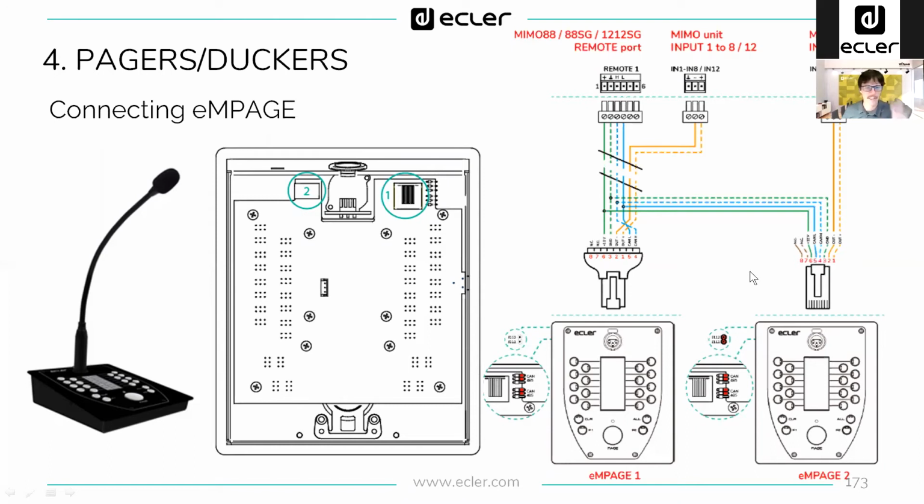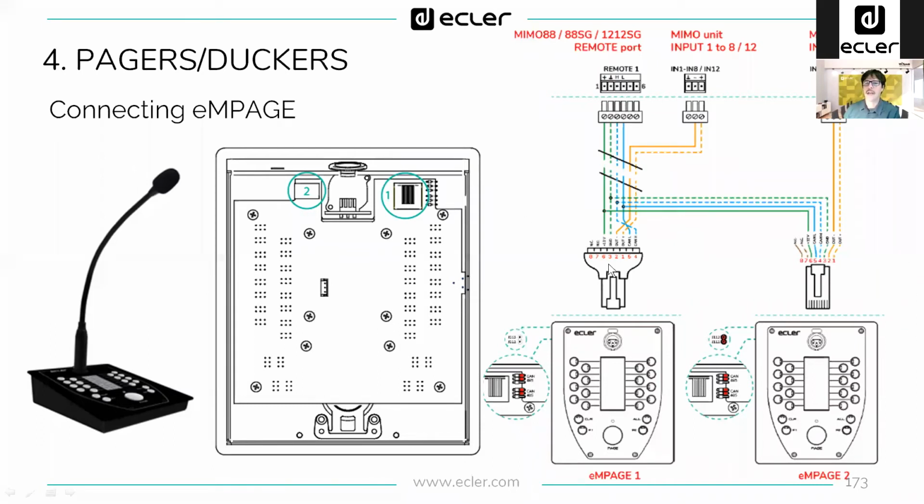Okay, everything is in the manual, but I just want to put a seed in your minds that you have to change some jumpers. Then you go to the manual and you see perfectly which jumpers you have to change. But you have to remember this so you do not have any trouble installing it.